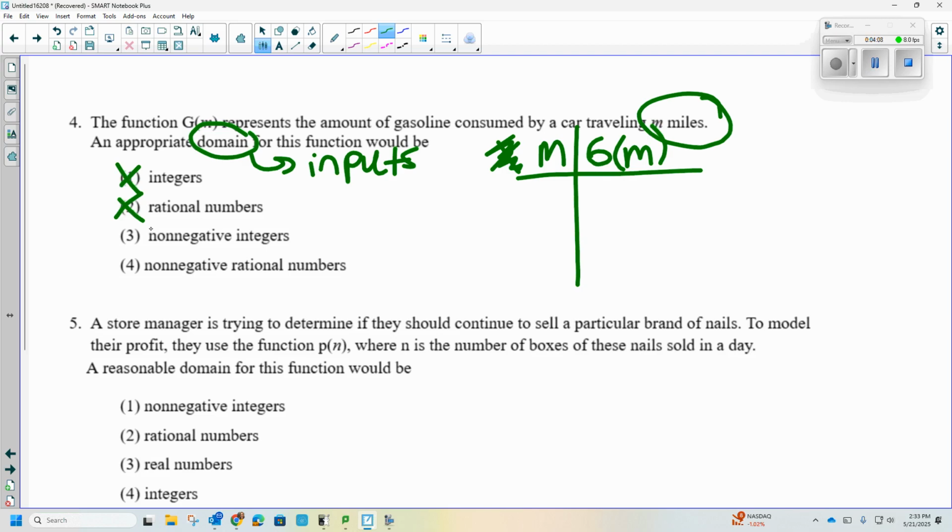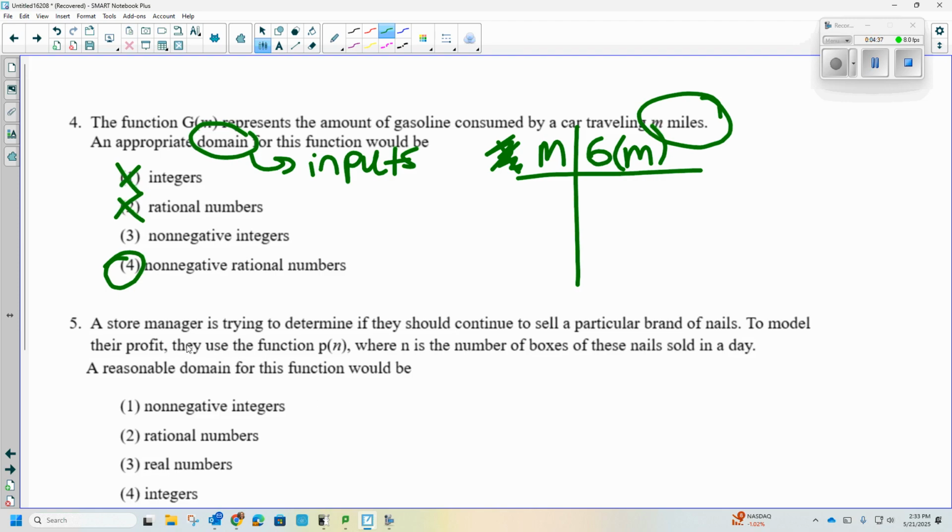Okay. We also know that integers are whole numbers, and in this case, you can drive like 3.2 miles or 4.5 miles. So that's why we have to go with answer 4, non-negative rational numbers, because you can have a half a mile or a 0.2 of a mile. So we have to include those decimals.